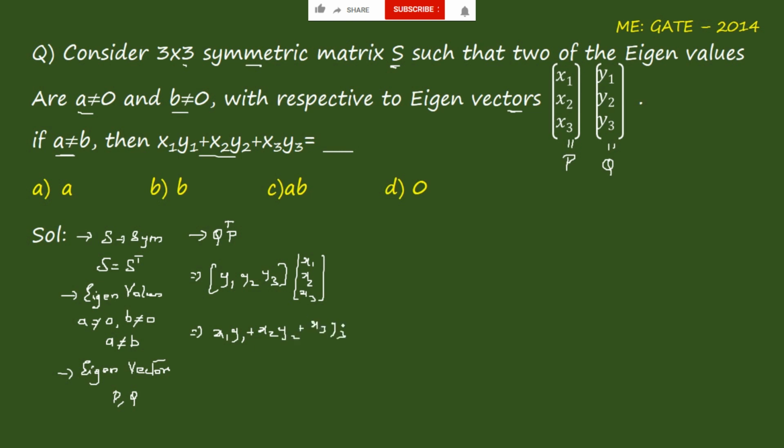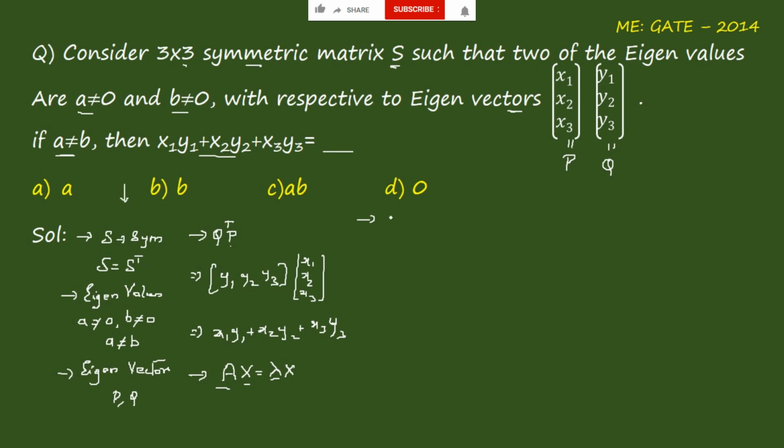So we form this equation by multiplying Q transpose into P. Now, the general thing that we know is A x is equal to lambda times x, where A is a matrix, x is an eigenvector, and lambda is an eigenvalue. Knowing this, we substitute into these equations.